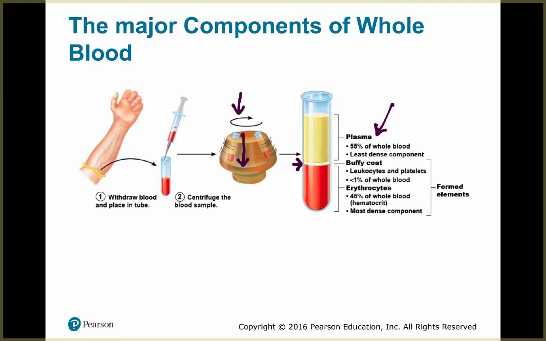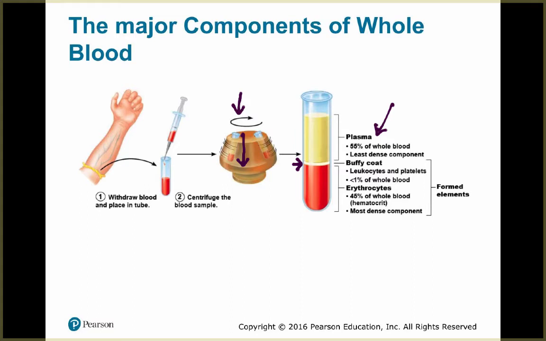Basically, this buffy coat is made of white blood cells known as leukocytes and platelets, which, like we'll learn more about, are just fragments of cells. And this, as you can see, is just this thin whitish layer between the red blood cells on the bottom and the plasma layer on the top.